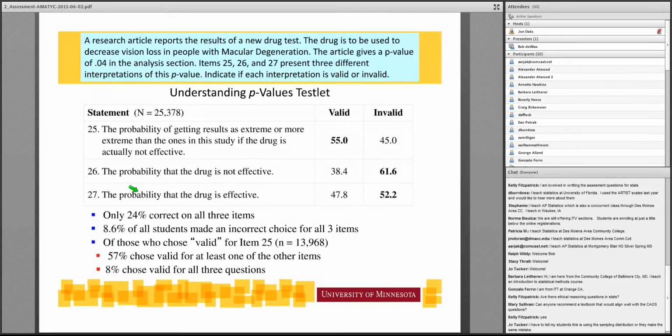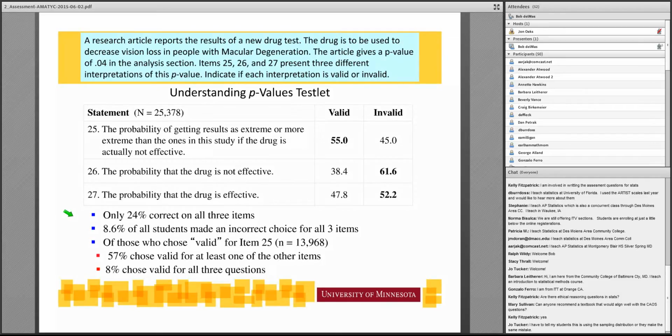A majority are marking it as invalid, but quite a few students are not, and some of those are the same students who marked the first one as valid. In fact, only 24% of the students got all 3 items correct. About 9% of the students made an incorrect choice for all 3 items.